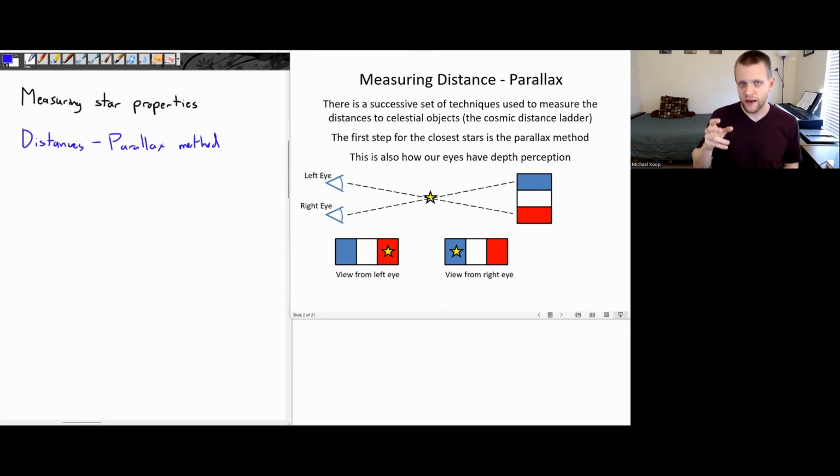So pause the video and think, how could I take those two observations as far apart as possible? And here's a hint. Those observations do not need to be made at the same time. So think about that one for a second.